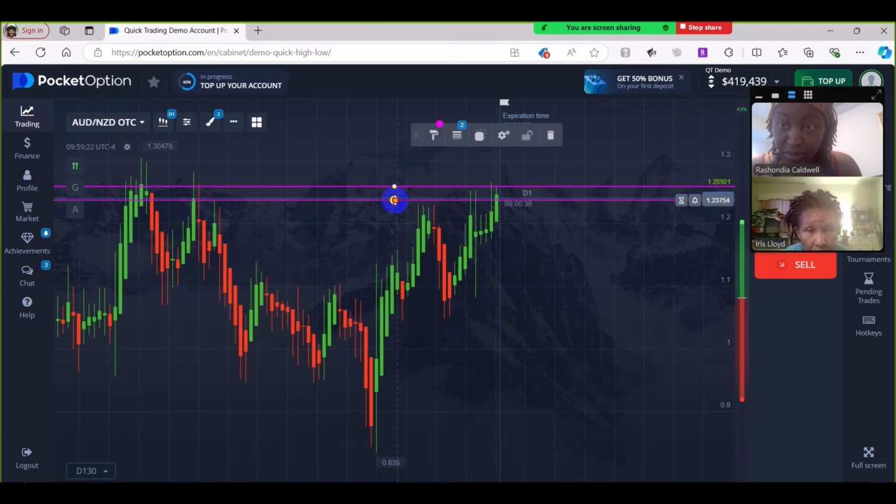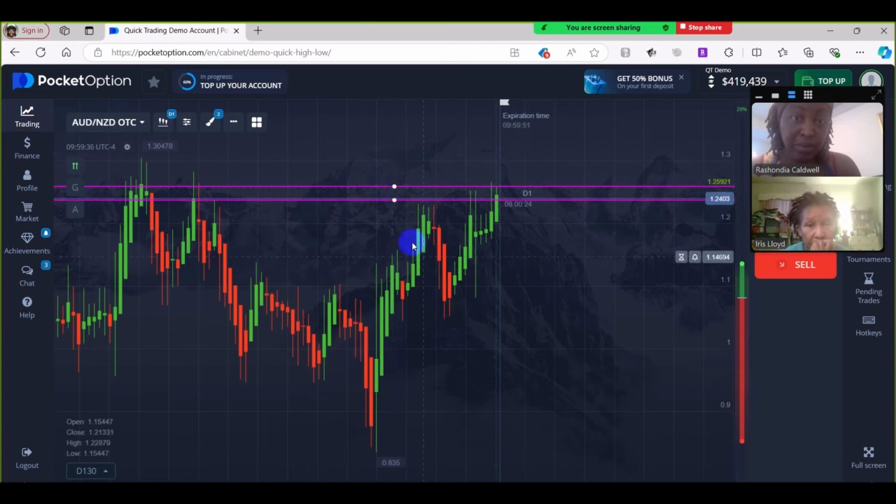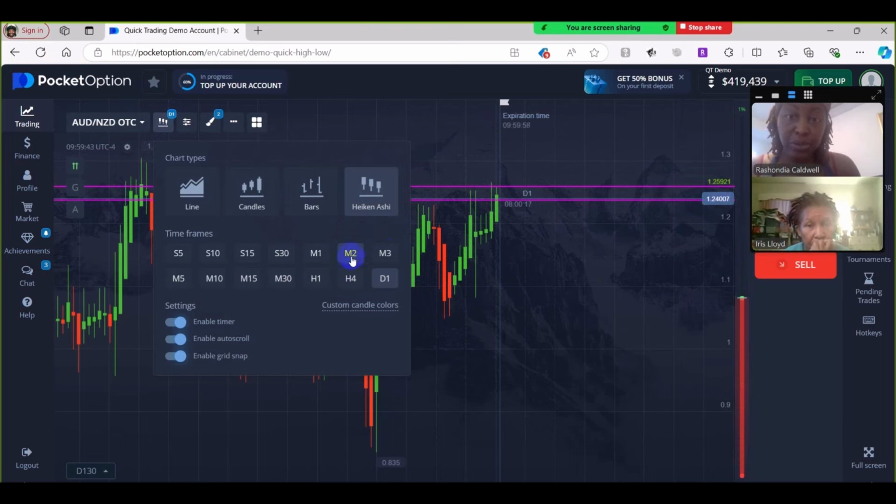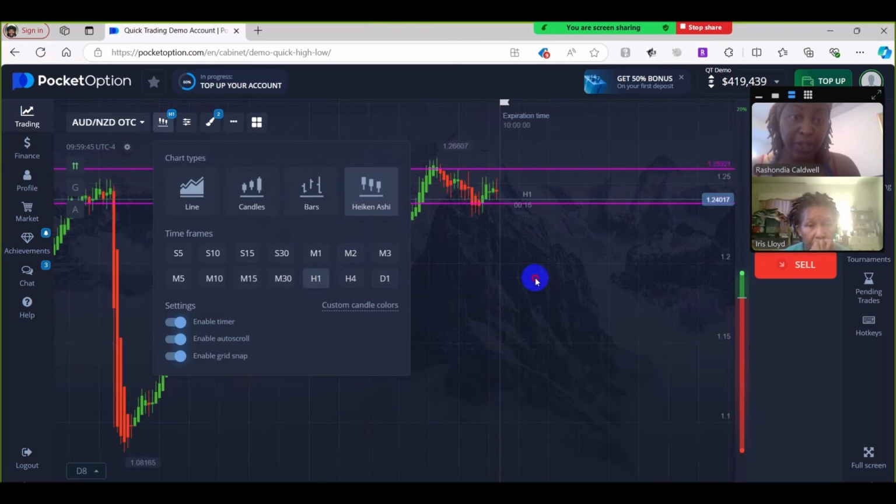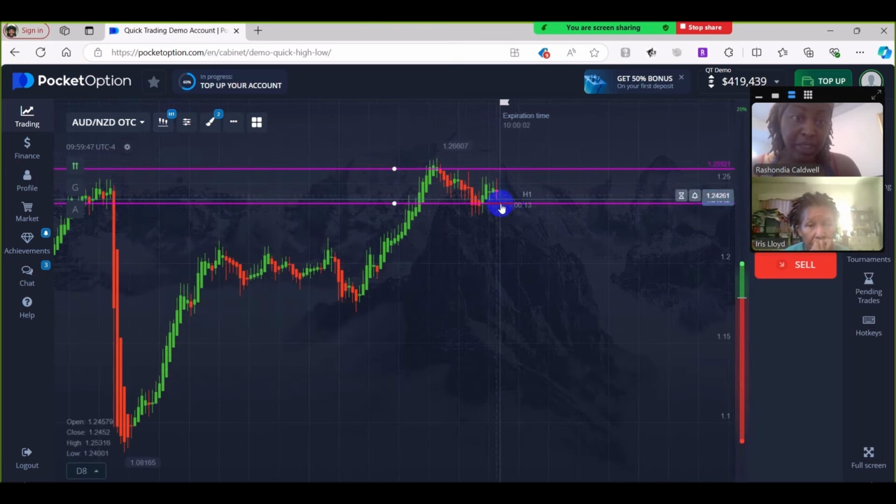Super Z focus trades. Yeah, right there. Basing it off of this one right here. That one, yeah. So if we lock it, and lock this one, and we go down to the hour time frame, we'll see.